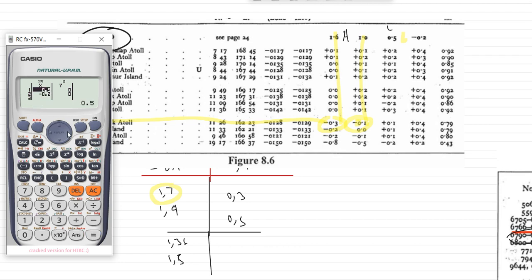Then for the corresponding differences, for 0.5 you're going to apply a change of 0.1 here. And for a height of negative 0.2, we're going to apply 0.4. I apply it.